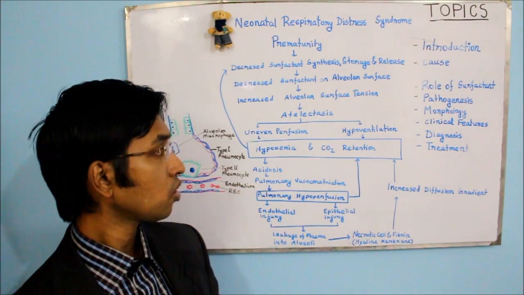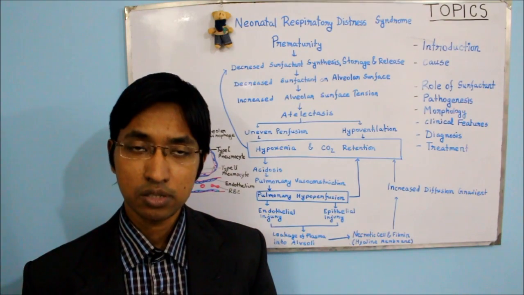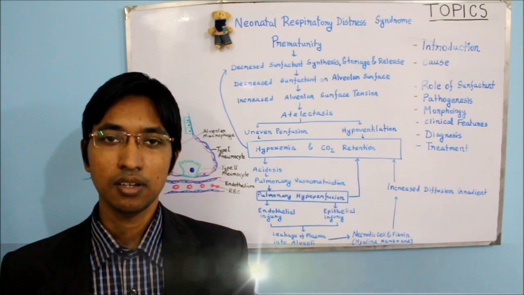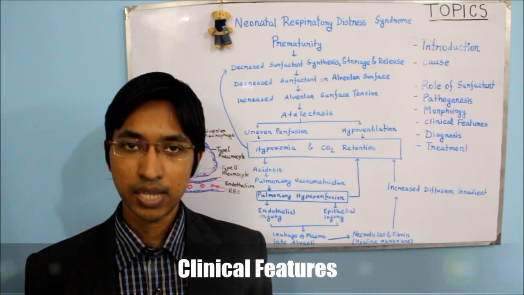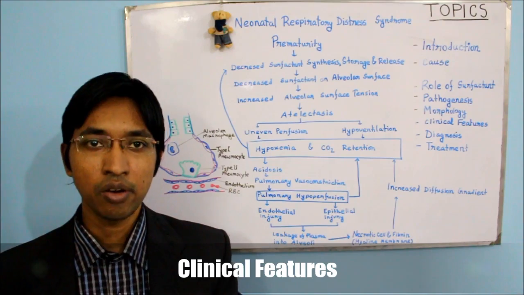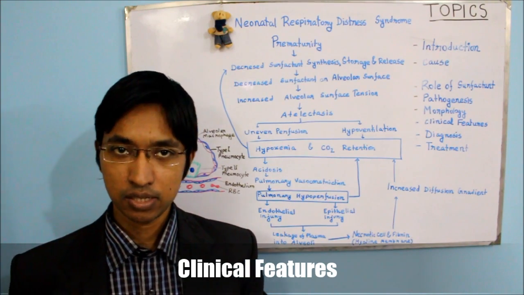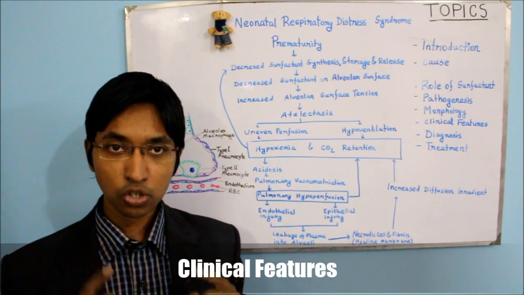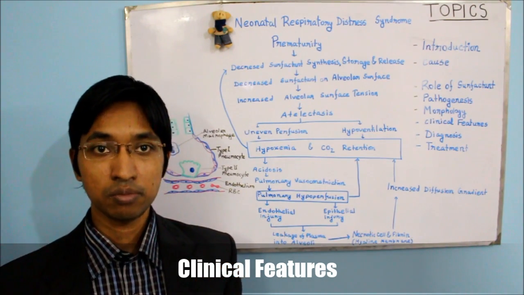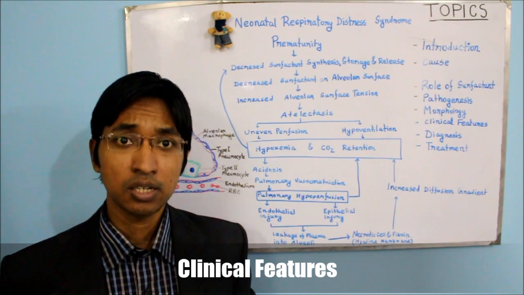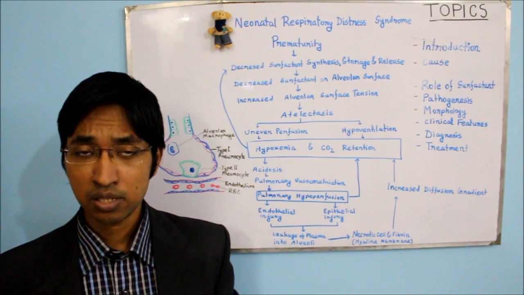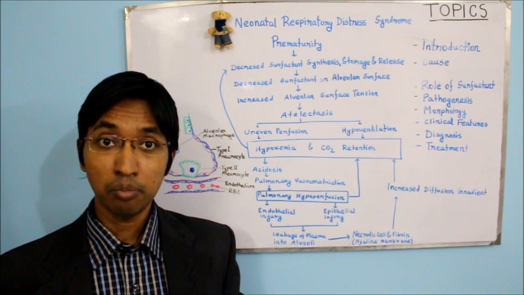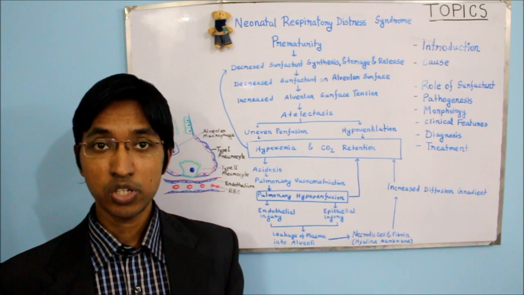So now that we have talked about the morphology of this disease, we will move on and talk about the clinical features. Clinical features will include tachypnea, that is increase in the respiratory rate of the affected baby. There will also be nasal flaring, that is the nostrils will widen during the respiratory process, and this will indicate that the baby is having difficulty with respiration and is requiring more effort during respiration.